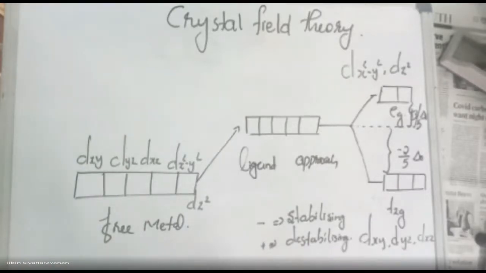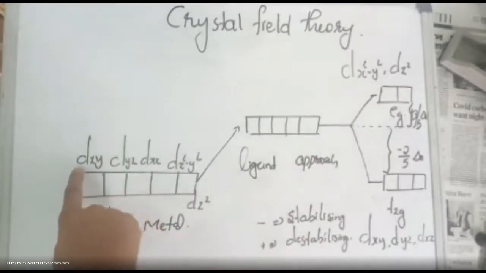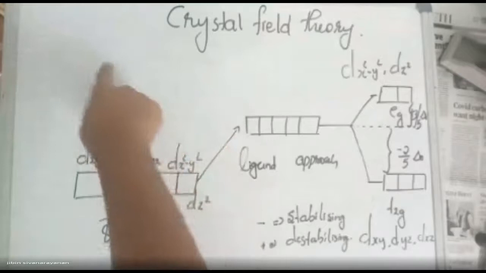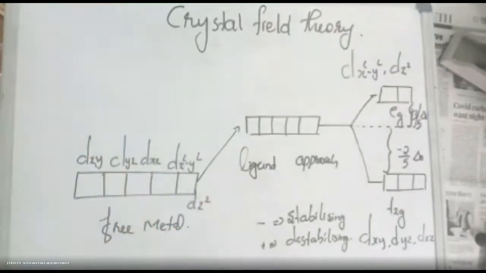Among these five, three lie in the planes: dxy, dyz, and dxz. These are the planar orbitals placed in the respective planes. For dxy, the axes would be x and y. And dx square minus y square and dz square are placed along the axes.